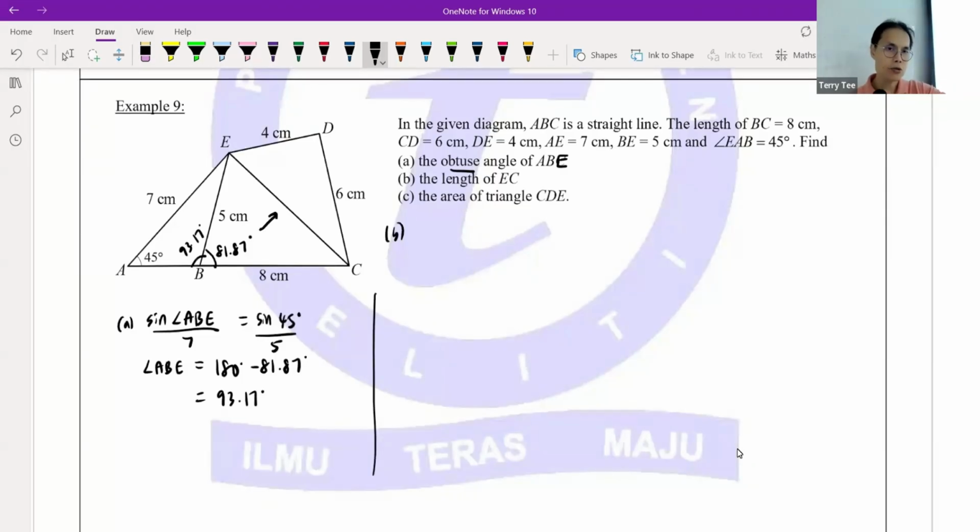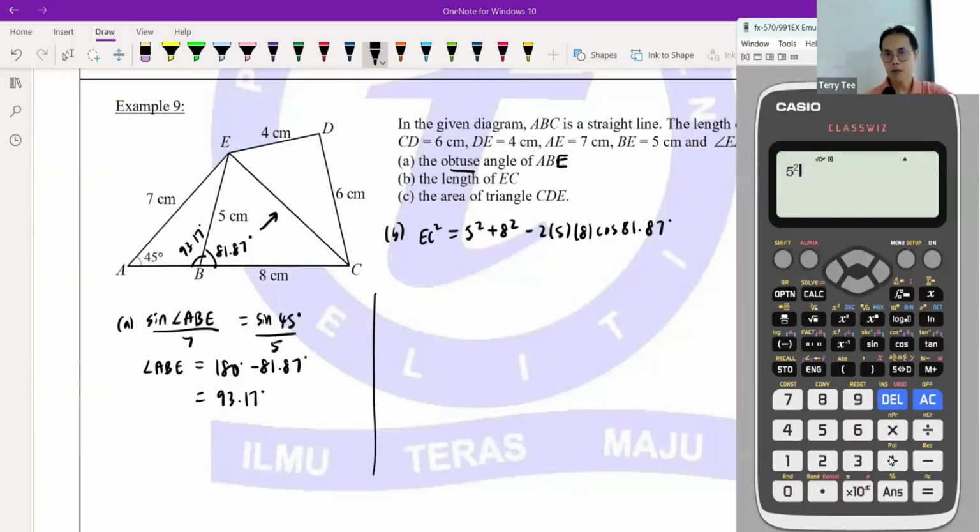Now, EC, which rule should I use here, everyone? Cosine rule. We've done it so many times. I hope you guys are okay. Cosine rule, quite easy. EC squared is 5 squared plus 8 squared minus 2 times 5 times 8 times cos 81.87.